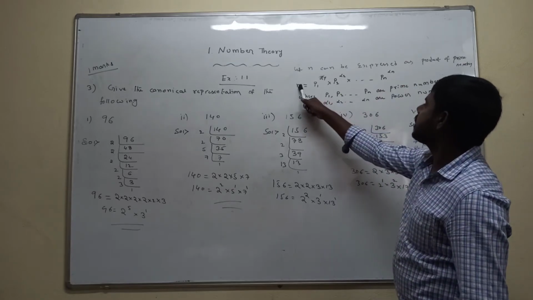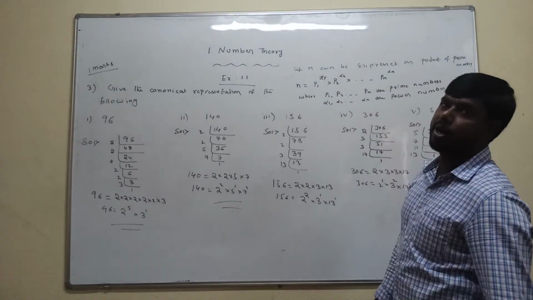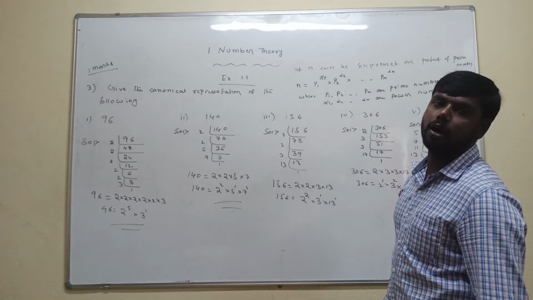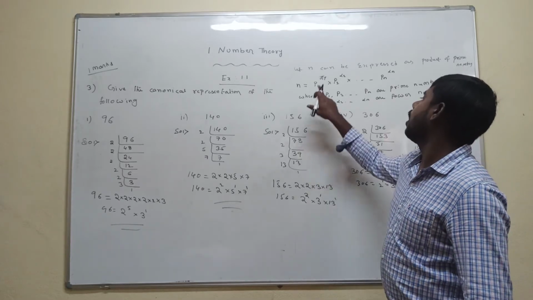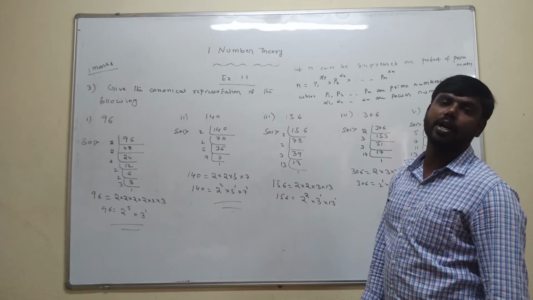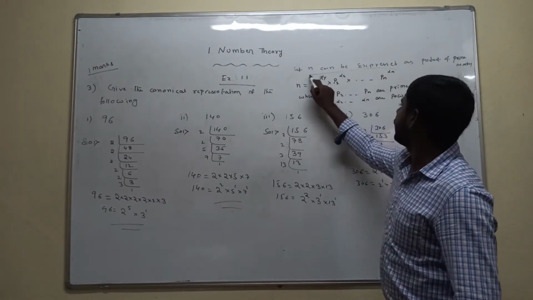That is, n can be expressed as a product of prime numbers P1, P2, P3, and so on up to Pn, which are called prime numbers, with alpha 1, alpha 2, and so on up to alpha n called powers. So this is a canonical representation.